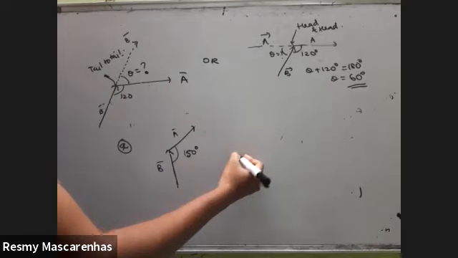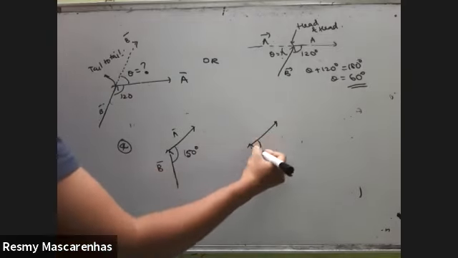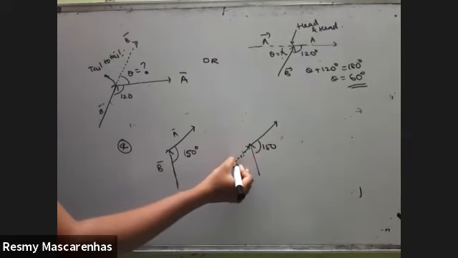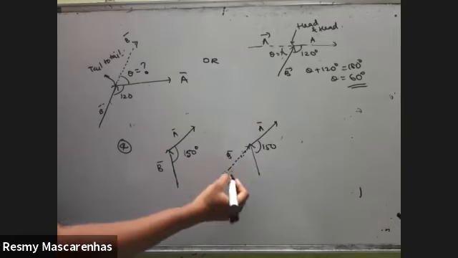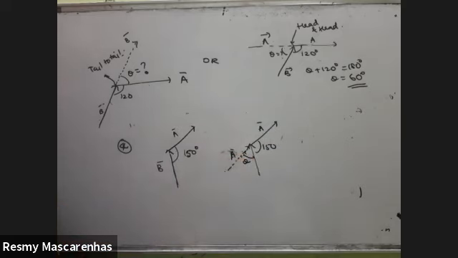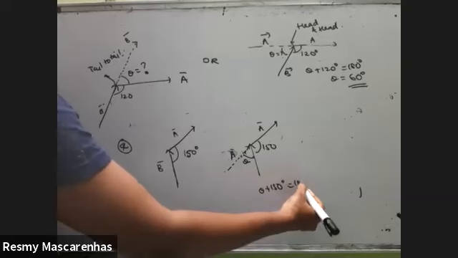So if you shift this fellow behind, this is 150. I'm shifting this fellow behind. I'm shifting A behind. So this is theta. So definitely theta plus 150 will give me 180 degree.